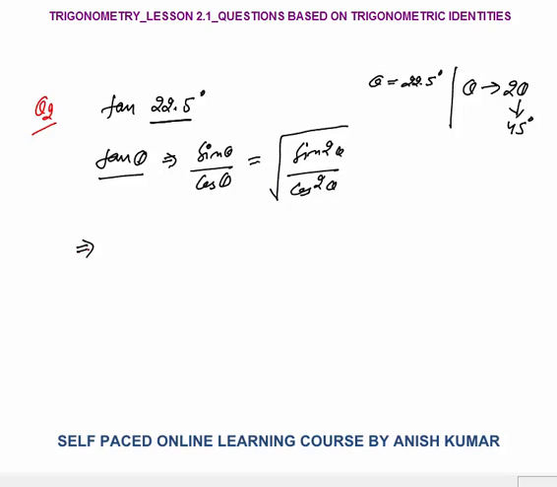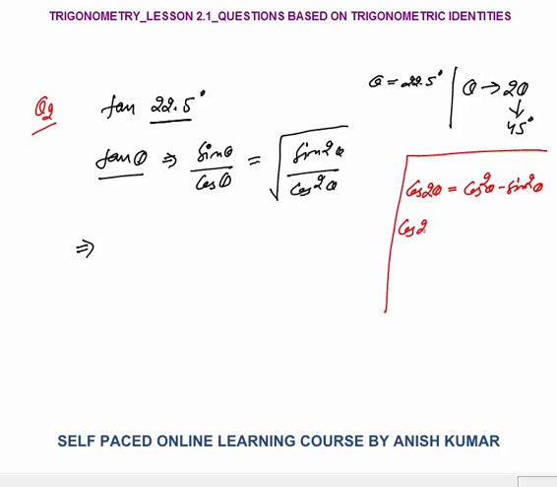Now sin square theta, how can I relate it to 2 theta values? I told you in the basics that cos 2 theta is cos (theta plus theta), which is cos A cos B minus sin A sin B, that is cos square theta minus sin square theta.